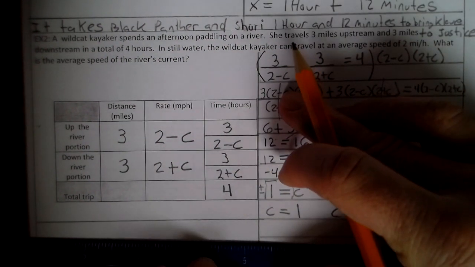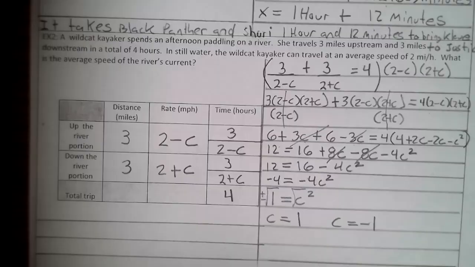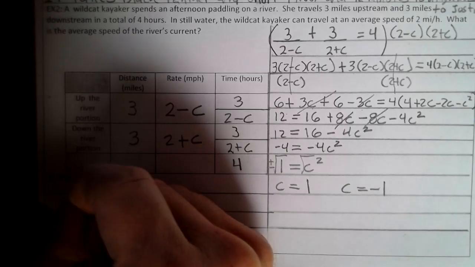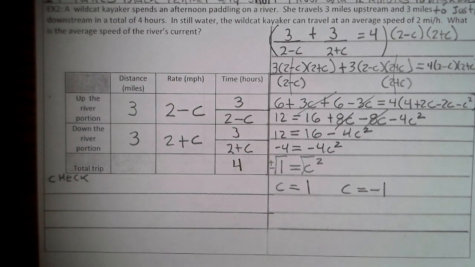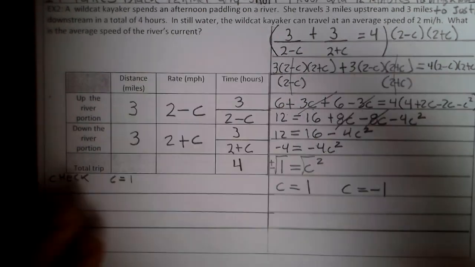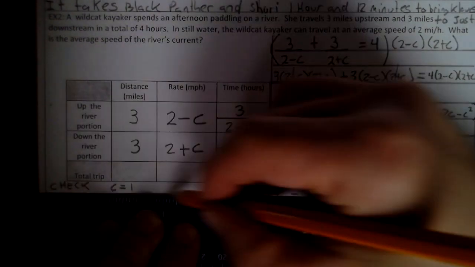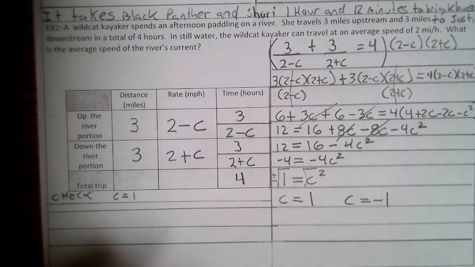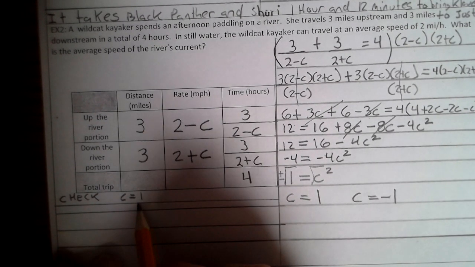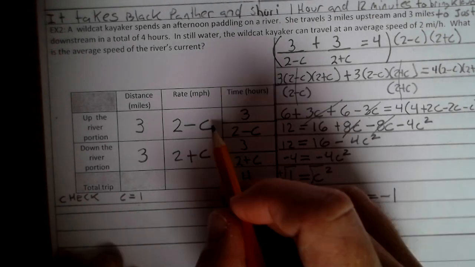Okay, so let's check. Now let's check when c equals 1. So we plug 1 here for the rate. So 2 minus 1 equals 1.